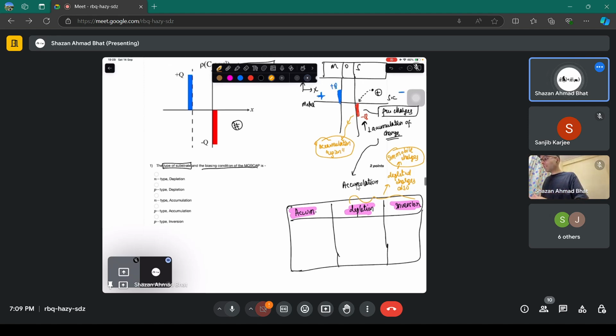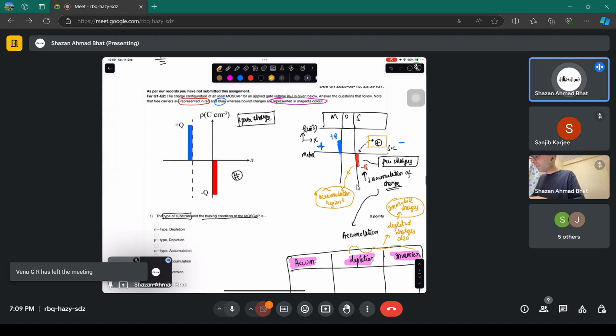Why? Because this particular system here is the n-type system. That's why there is accumulation of the same type of charges. Because there are excess electrons in the n side, the same charges have accumulated near the surface. And when you draw the band diagram of this, it will look something like this.